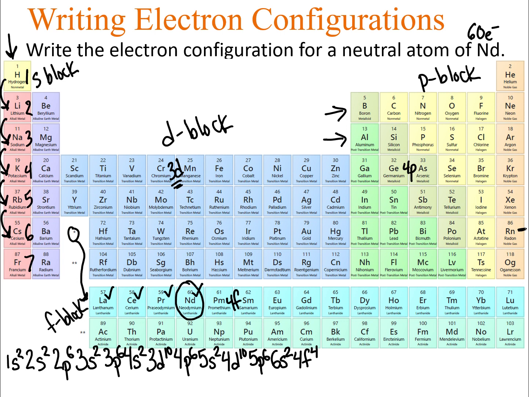Just like in the last example, we need to look at the noble gas in the previous row. So that means we're looking at xenon. And xenon accounts for everything up to here.